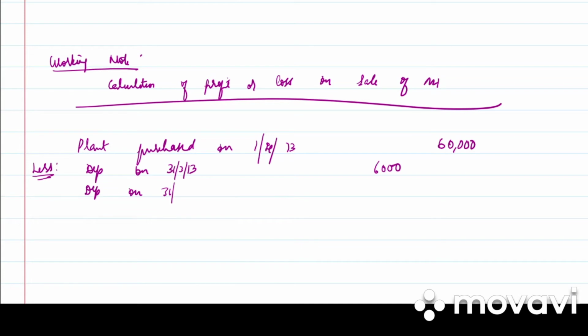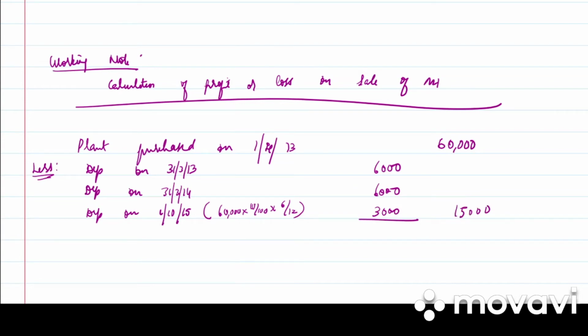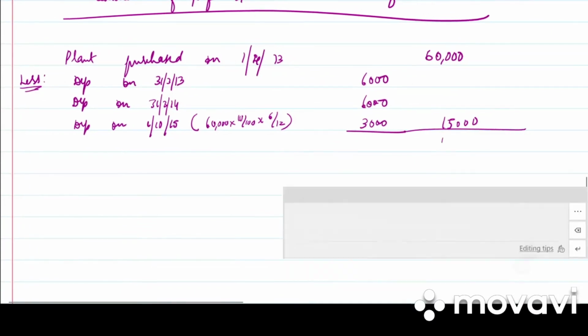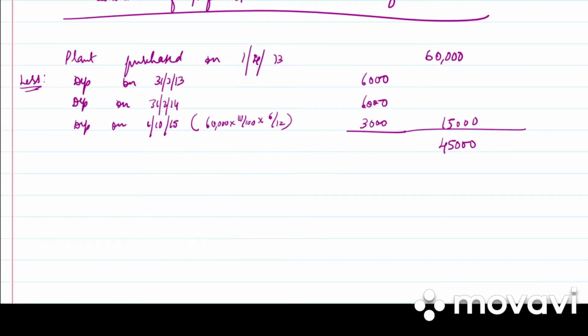Depreciation on 31st March 2014, 6,000. Depreciation on when was the machinery sold? 1st October 2015. So it is 60,000 into 10 by 100. For how many months it is used? 6 months. So 3,000. Total depreciation is 15,000. So what is the balance we get? 45,000.